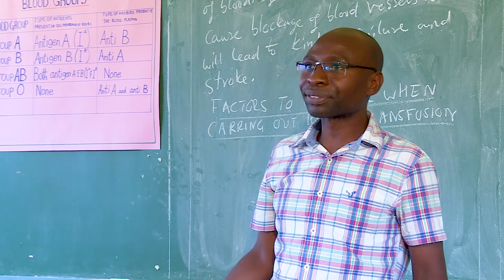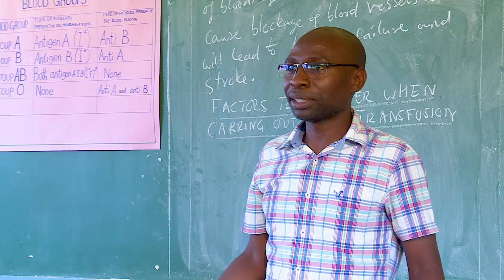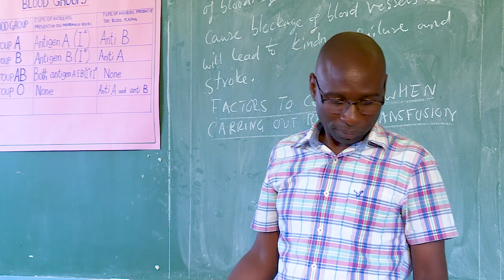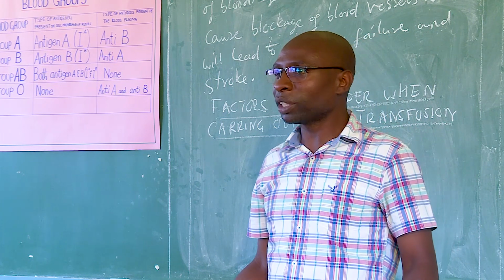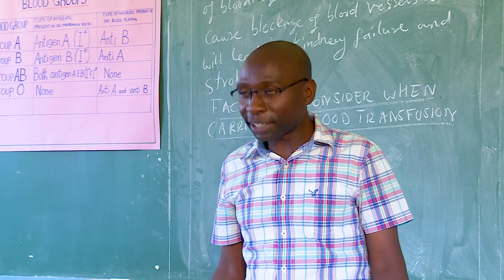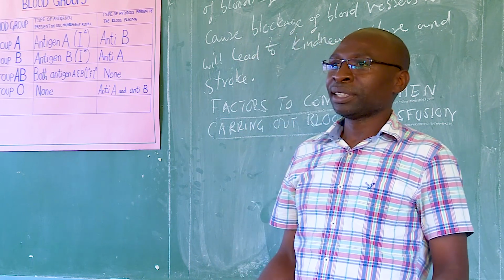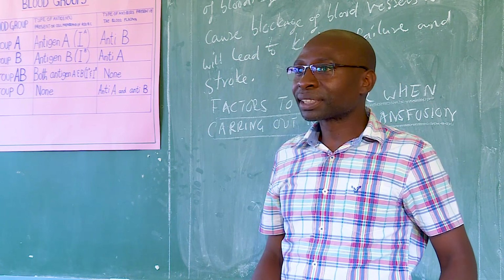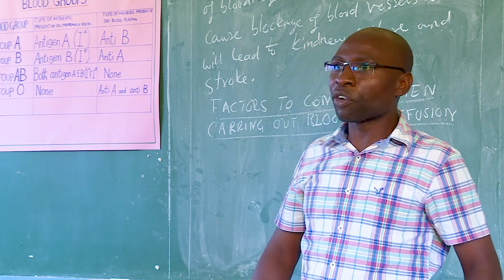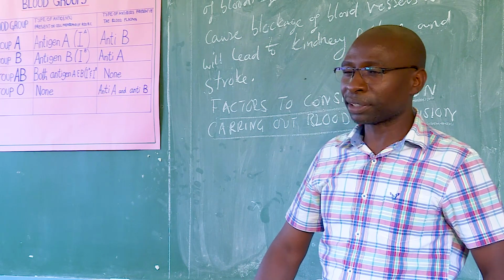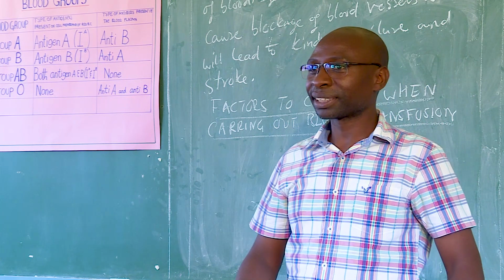You are supposed to screen the blood to check if the person has HIV. Correct? The blood needs to be screened for HIV viruses. The other one: you also check for any other blood disorders. Like which disorder?